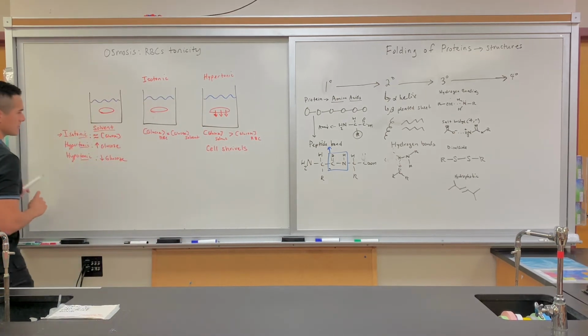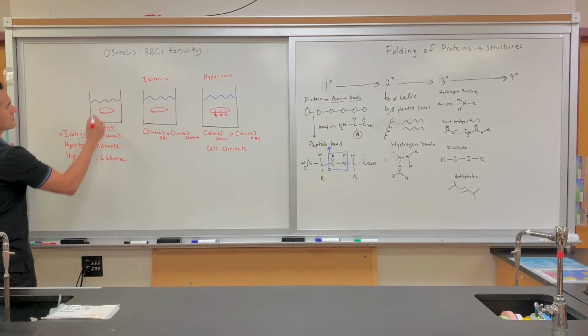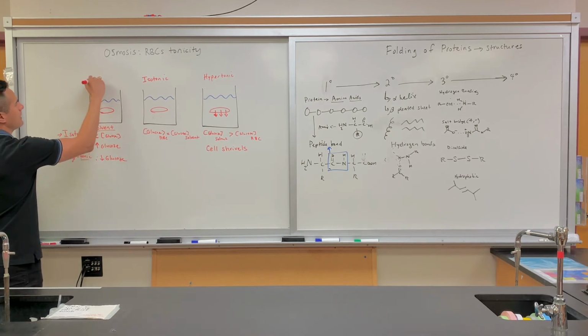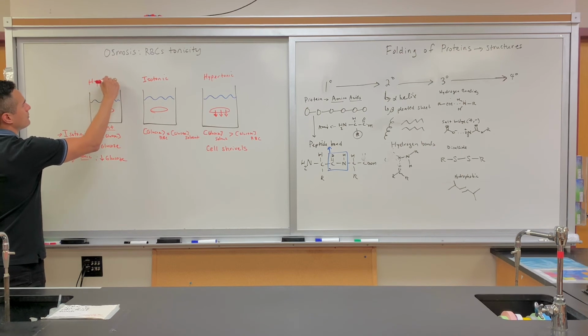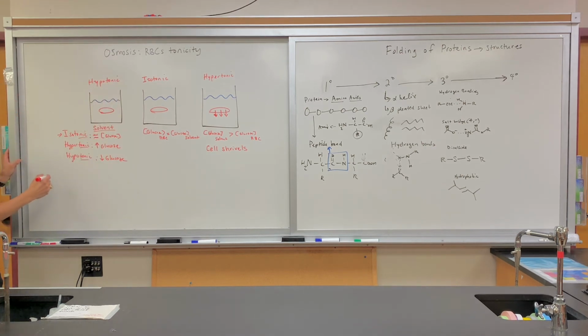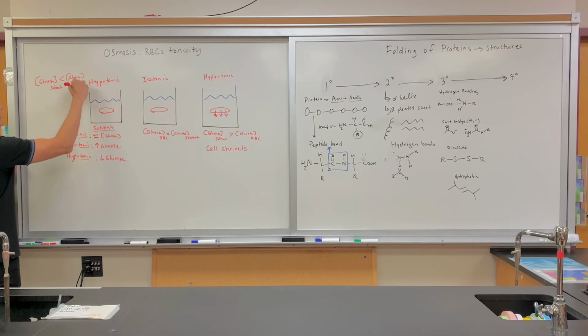What about, so I'll just do this over here. So we have a hypotonic. For a hypotonic, what is going to be our glucose concentration in the solvent? It's going to be less than the glucose concentration within our red blood cell.